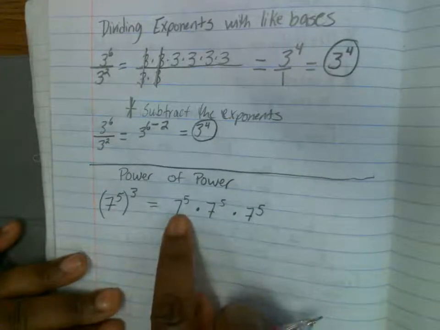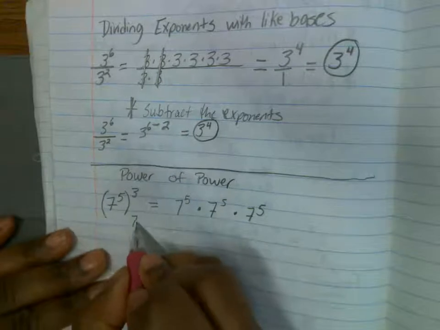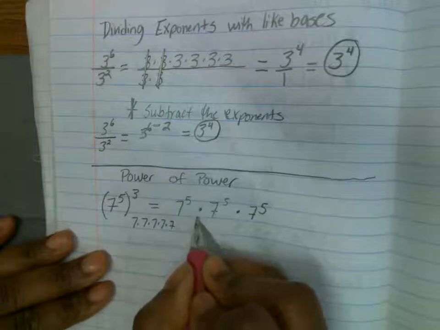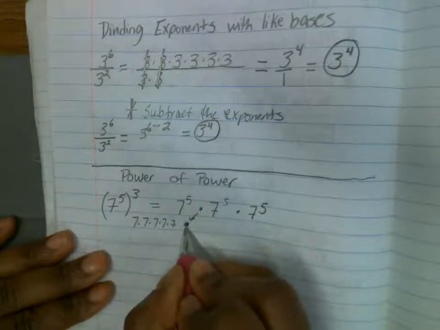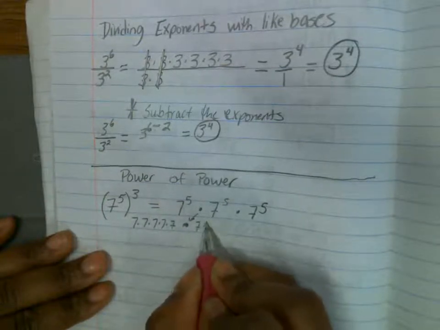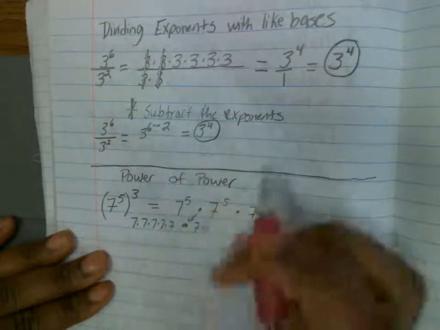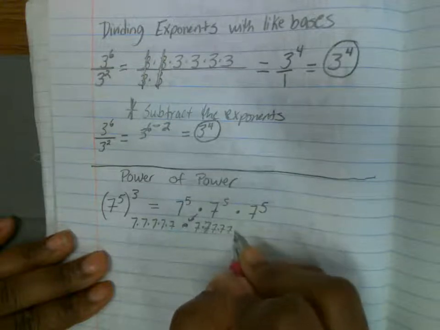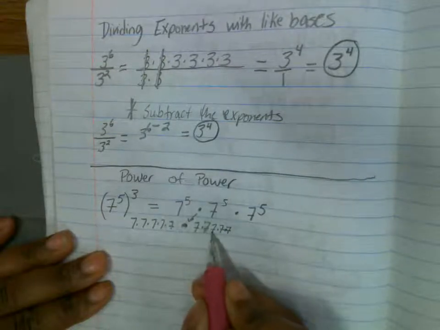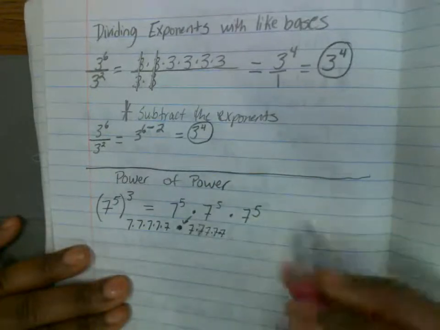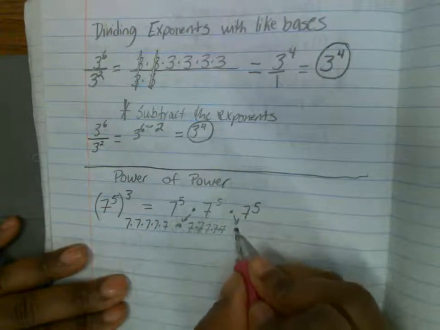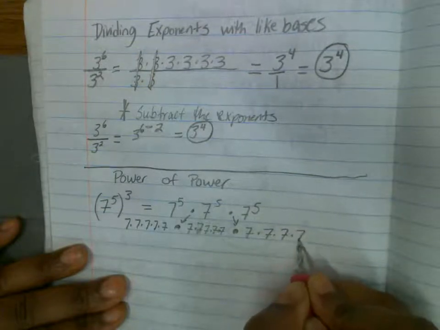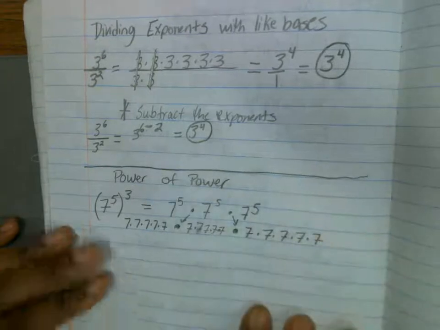Okay, so this means that you are going to write 7 5 times. 1, 2, 3, 4, 5 times, right? Times 1, 2, 3, 4, 5 times.